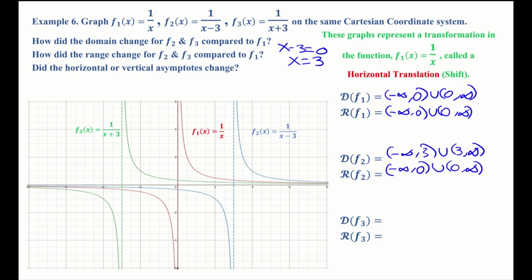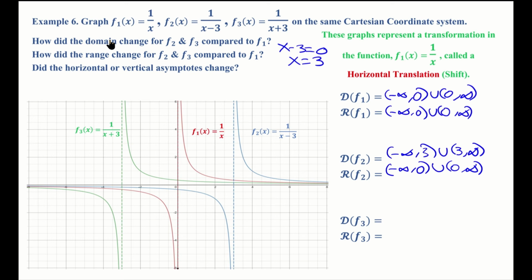Okay, for f3, notice this time we're changing the input x to x plus 3. So we're moving the problematic number, but notice what is the value of x that makes x plus 3 equal 0? Exactly, negative 3. So this time the vertical asymptote has moved here.